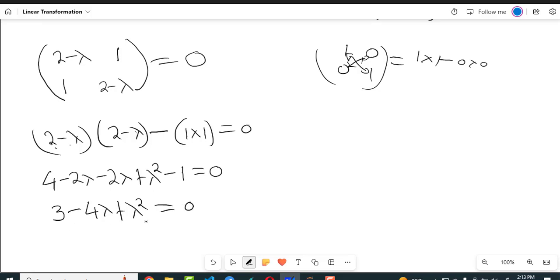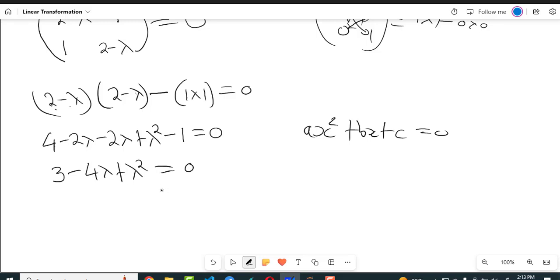If you look into this one, we can see that we have a quadratic equation, ax squared plus bx plus c equals to 0. This is a simple quadratic equation that you can see. And when you have a quadratic equation, we have several ways of solving it.